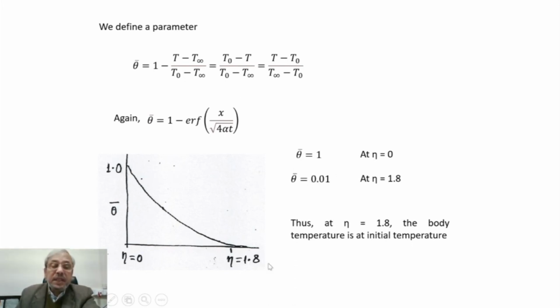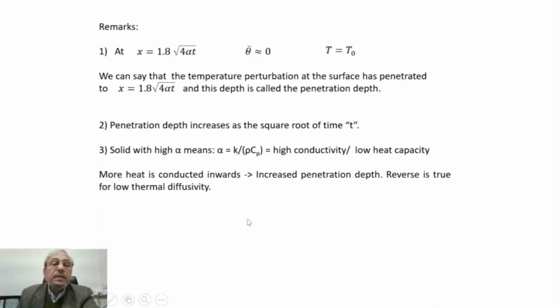So penetration is indicated by an eta value of 1.8. At x equal to 1.8 root over 4 alpha t, theta bar is close to 0 and T equals T naught.